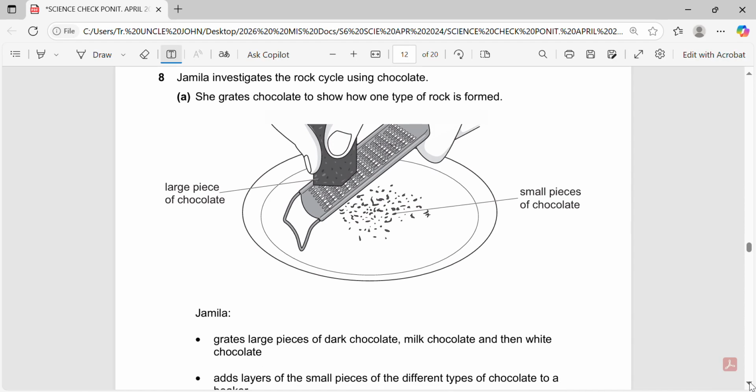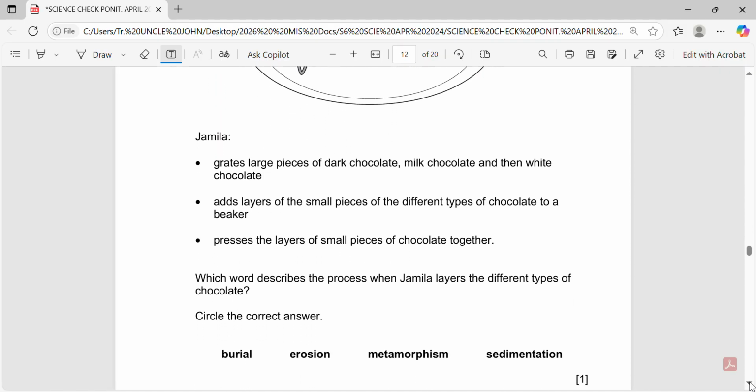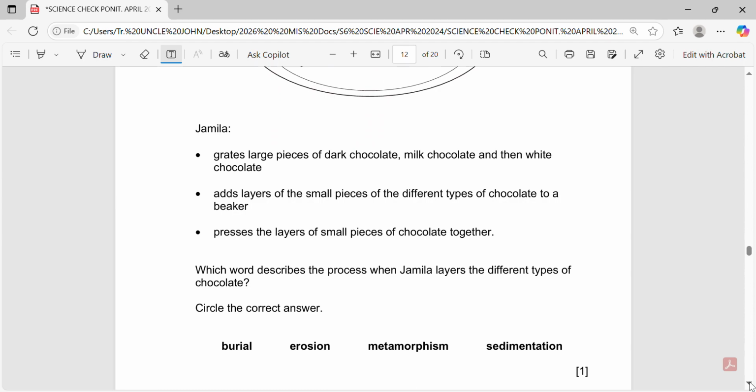Then as we move down, Jamila grates large pieces of dark chocolate, milk chocolate, and then white chocolate. Adds layers of the small pieces of different types of chocolate to a beaker. Presses layers of small pieces of chocolate together.